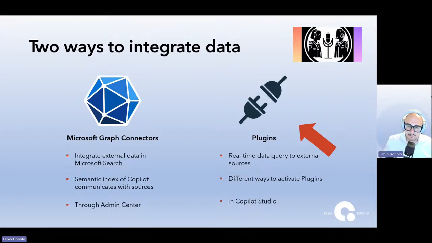Plugins, on the other hand, offer another technical way to integrate external data sources into Copilot. Here, the data is queried in real time directly from the business application. But of course, what has to be seen is that it is with the appropriate authentication into those external applications.